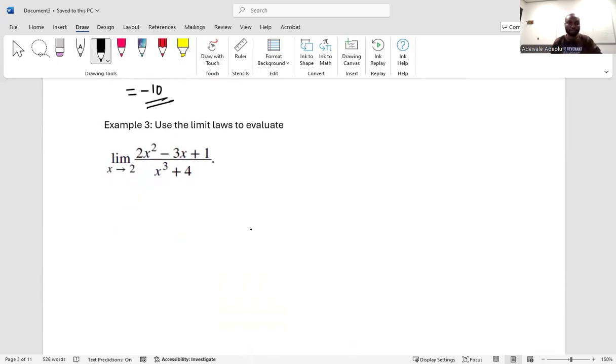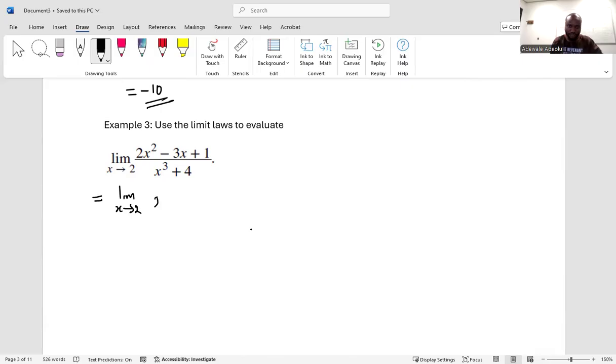a bigger problem. In this case, this looks like a situation whereby we have a rational function or quotient. Now, we do know that we can write it this way from the quotient law for limits.